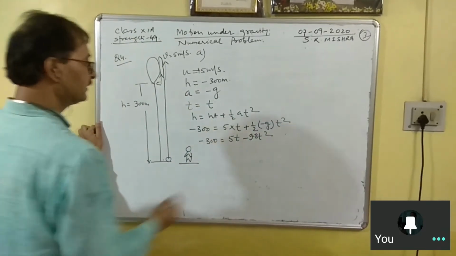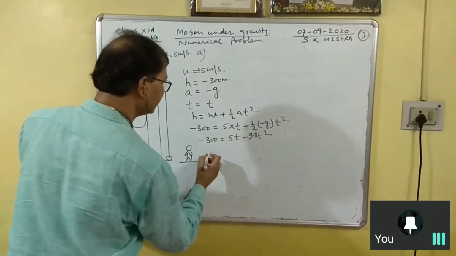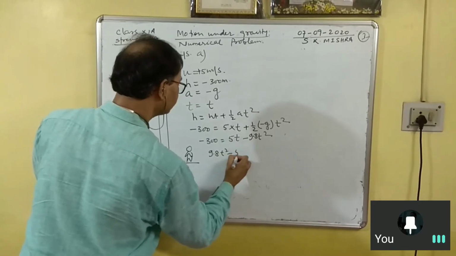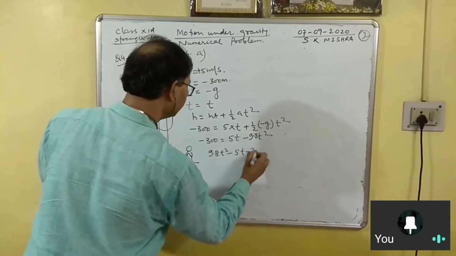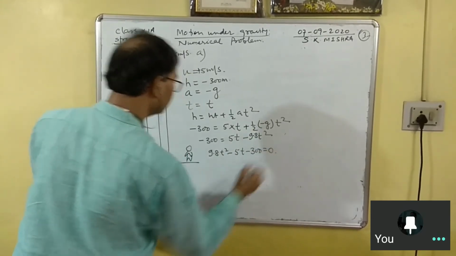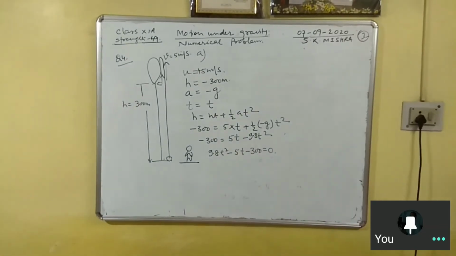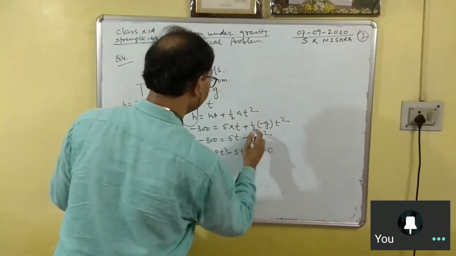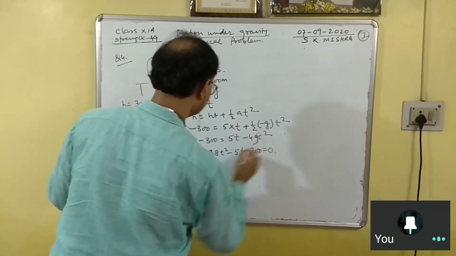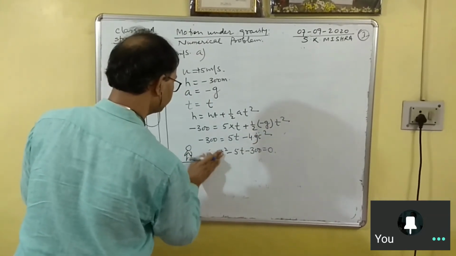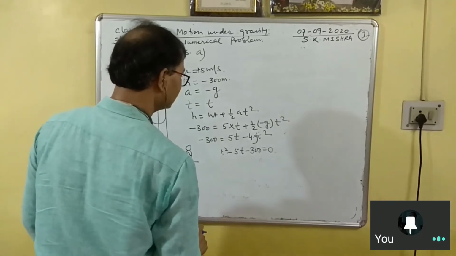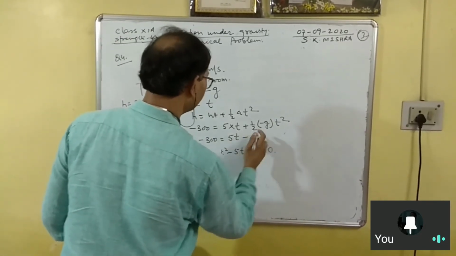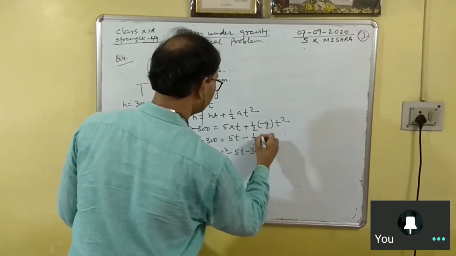Okay, then take everything to the right side. So 9.8 t square minus 5t minus 300, divided by 2, it's 4.9. Okay, so we are taking 10, no problem.